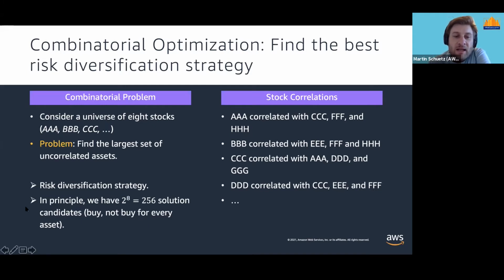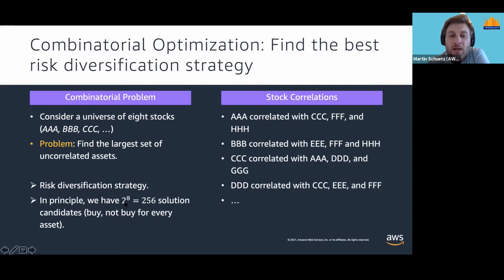Now you see already for this kind of toy model with just 8 stocks, we have in principle 2 to the 8, 256 solution candidates, because for every asset, we have to make a binary decision whether to buy or not to buy this asset. In principle, we could enumerate through 256 solution candidates, but obviously this becomes tedious and basically impossible as we scale up the number of variables because of this exponential blow up.